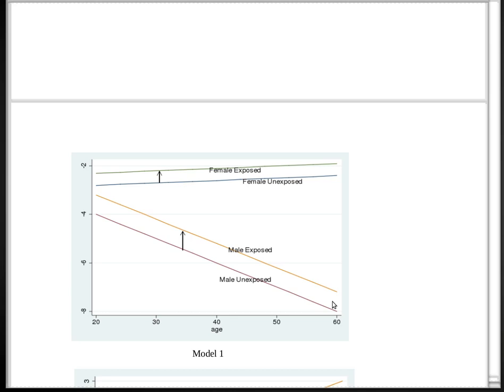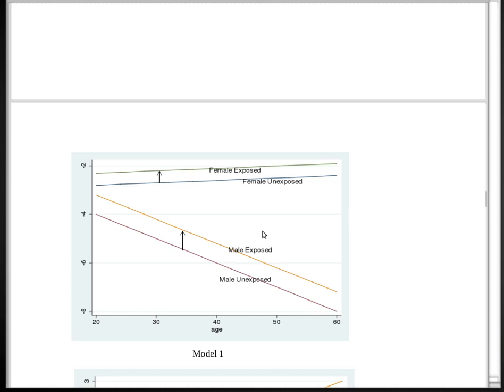Because I think I should have said that age does not modify for the men, and age does not modify for the women. Okay, I think I've got that right.